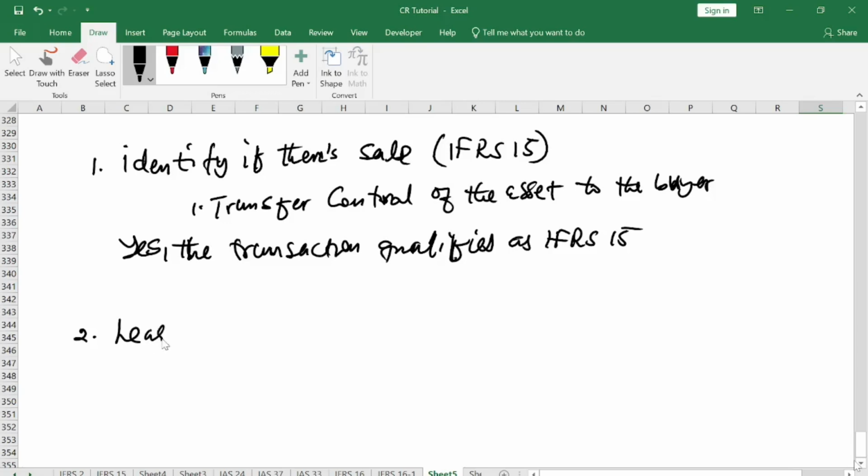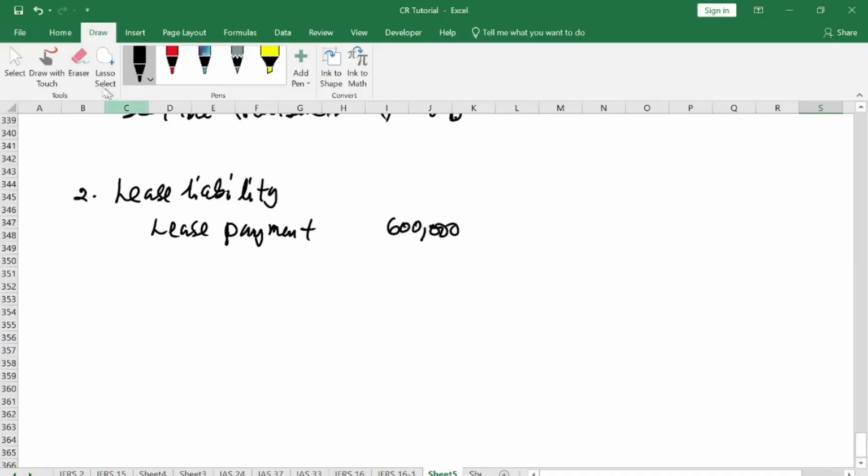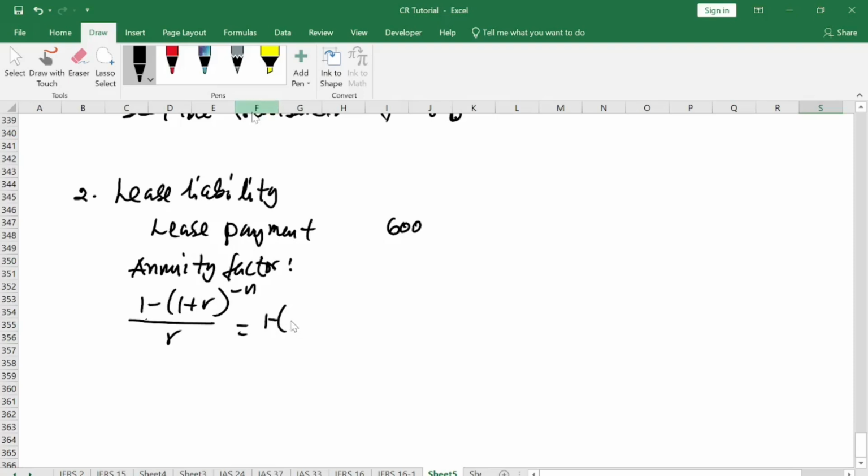Step two, calculate your lease liability. How do we find our lease liability? Our lease liability is our lease payment, which is 600,000, given in the question. Then we multiply by the annuity factor, which is 1 minus (1 plus r) to the power of negative n, all divided by r.